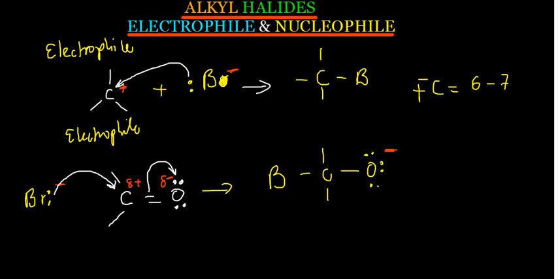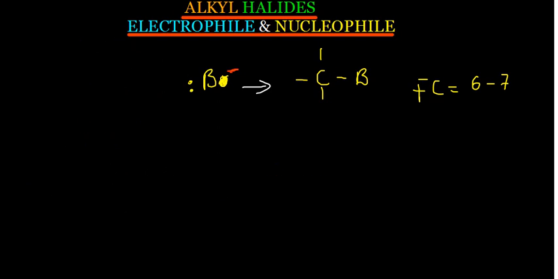And since this one needs electrons, we can also refer to them as Lewis acids because they need electrons. And those which donate electrons are Lewis bases. And then we can look at nucleophiles.